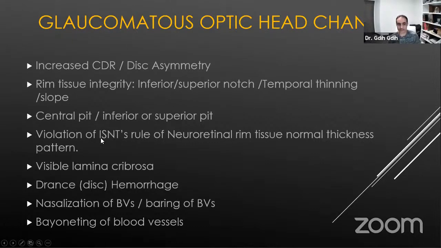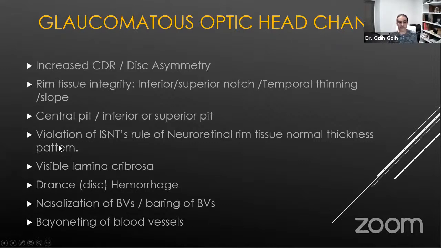Just as a reminder, it stands for inferior, superior, nasal, and temporal. By nature, the normal thickness pattern of the neuroretinal rim tissue follows ISNT, inferior being the thickest and temporal being the thinnest normally. But if you see a violation of that, for example the inferior rim is thinner than the temporal rim, then there's a violation right there. So that brings up the suspicion of glaucoma.